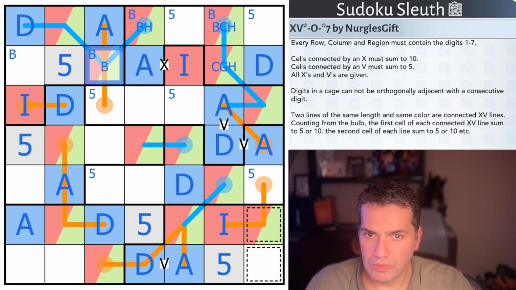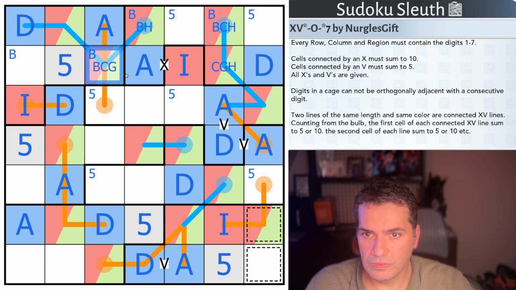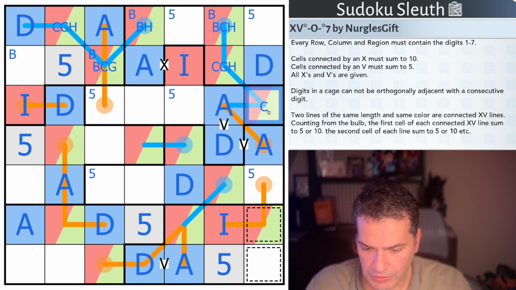So B to pair up with the H or C to pair up with the G. Or of course, G to pair up with the C, so it doesn't have to be low. Oh, this is bonkers. So this is not B, this is CGH, and presumably the pairing says this is now BCG again.